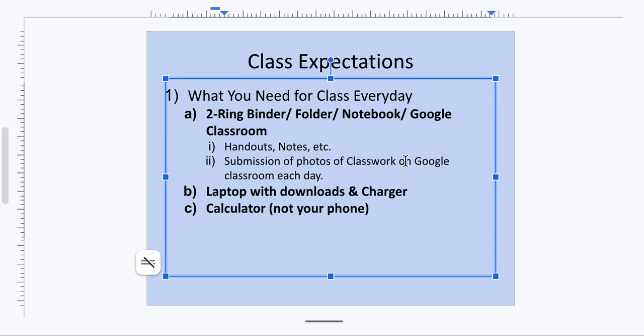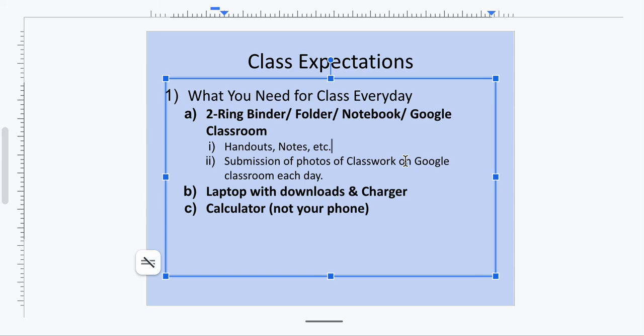It is easy for handouts and notes to get lost, especially if you're not very organized in your backpack. So Google Classroom, in addition to being how I'm going to share information every day, will also be the platform where you keep track of all of your work from each day and homework for each day.